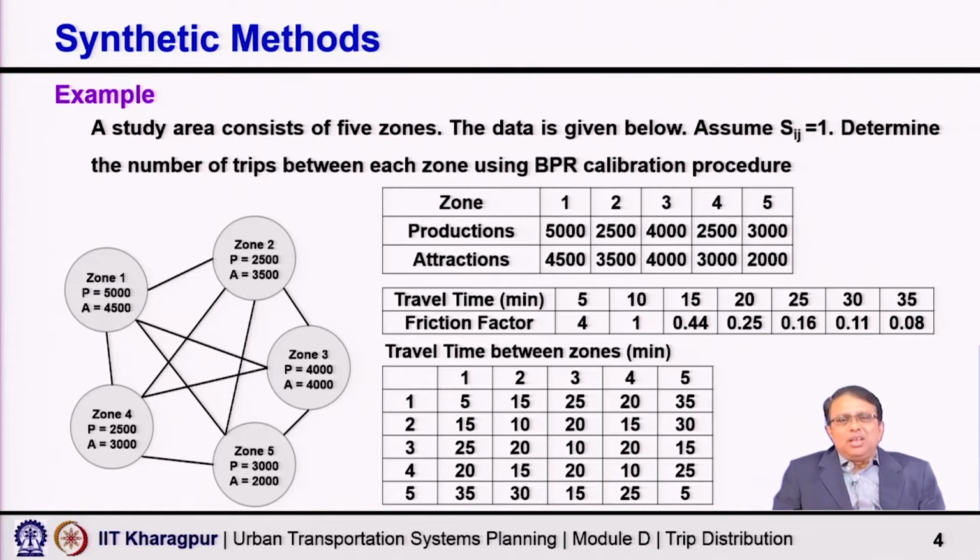Take any value, even if you have forgotten that the higher the travel time, the lower the friction factor values. Even if you have taken the reverse, say for 5 minutes you have taken 0.08, then for 10 minutes 0.011, and then finally for 35 minutes you take 4, just a reverse pattern, it still does not matter.